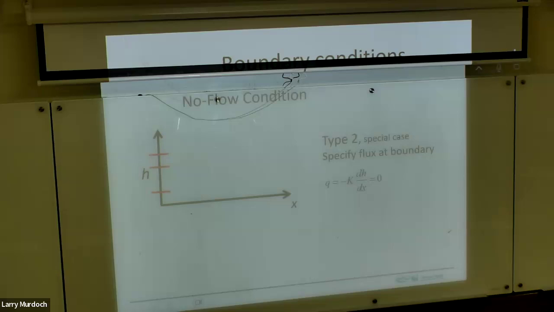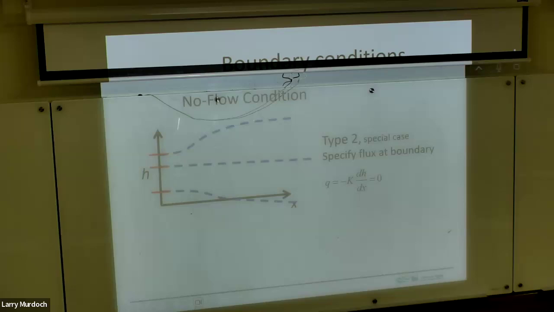So there'll be a common type of boundary condition, type 2 boundary, where the flux is equal to 0. We used that one in the first example where we had a divide. And in that case, what we're saying is that the slope here of the hydraulic head is equal to 0.